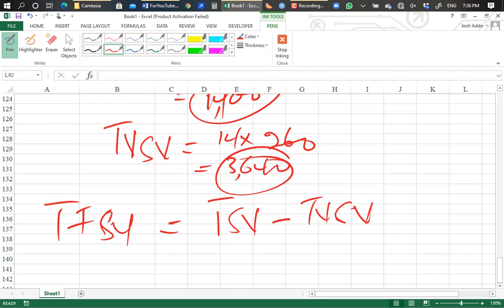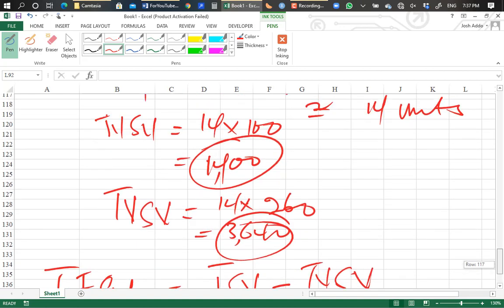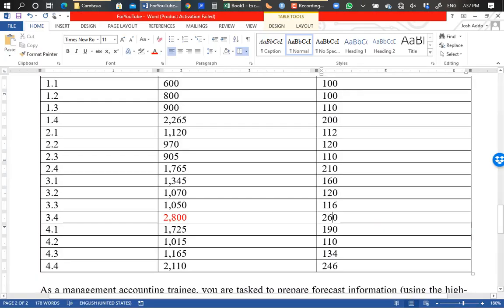This is our total variable sales volume at expenditure 260. So let's look at the total sales volume at expenditure 260. It is 2,800. That's the total sales volume there.